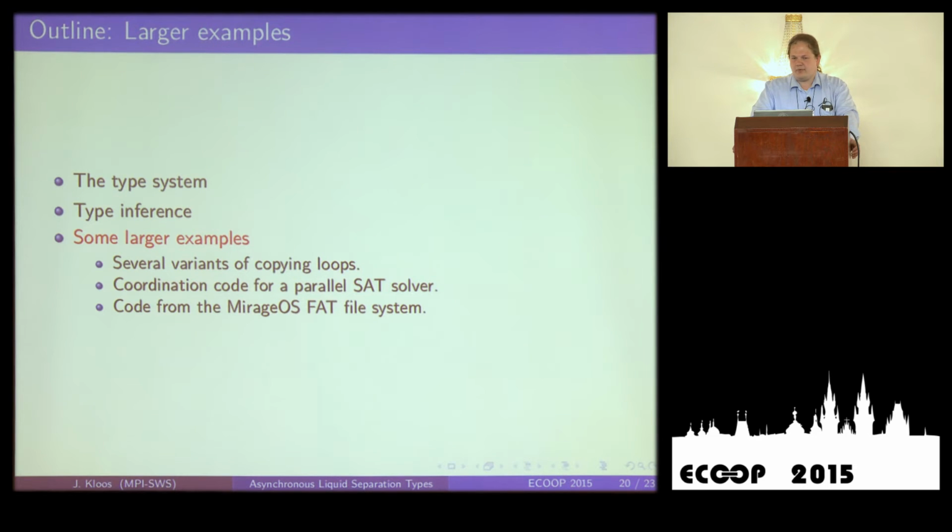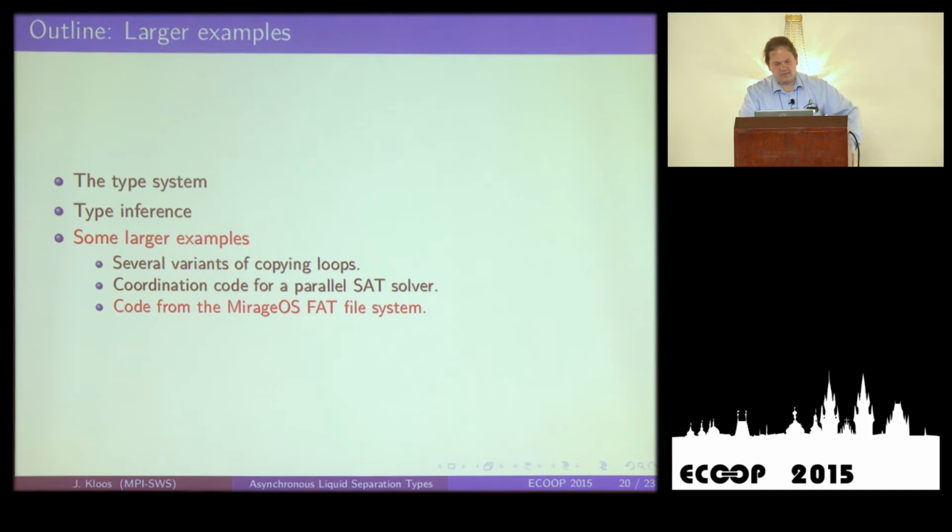We built a simplified version of the part that does the coordination and used asynchronous liquid separation types to show that the specific invariant always holds, namely that the result that this function computes will always be true if and only if the formula is satisfiable, assuming that the worker threads are correct.